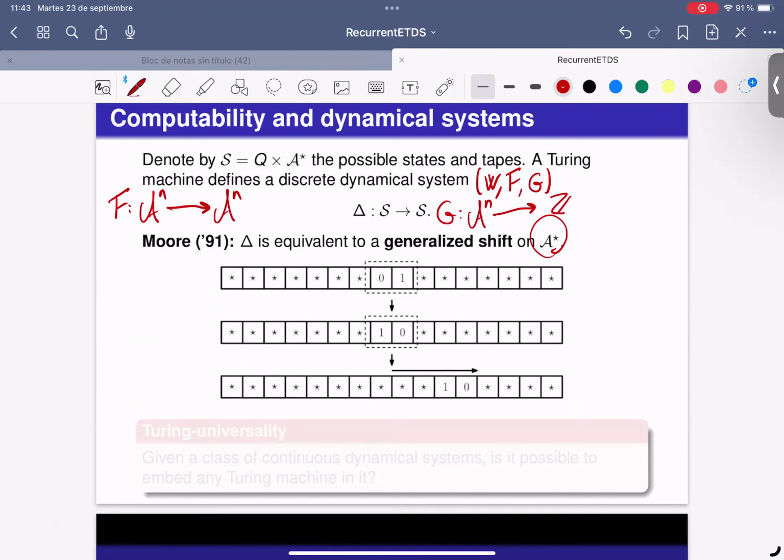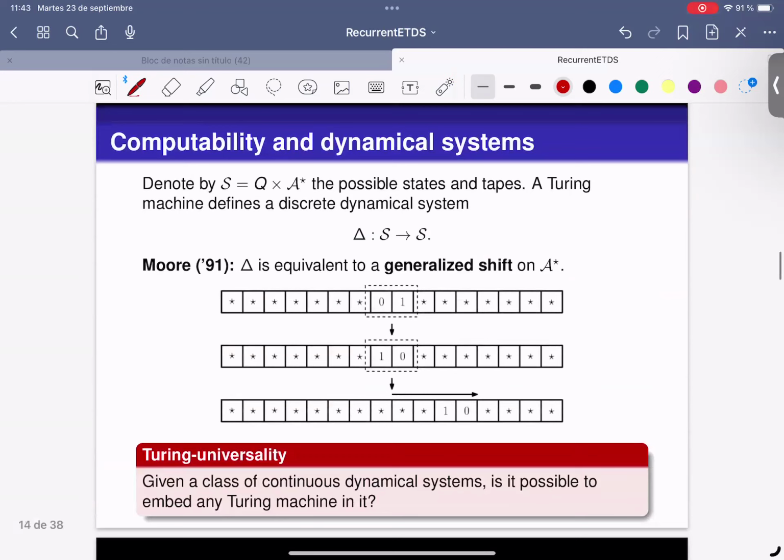Thank you very much. So the important question now is: given a class of continuous dynamical systems, can I embed a Turing machine in it? Can I embed these generalized shifts in it? That would mean the continuous dynamical system is Turing universal, because I can represent this discrete dynamical system.